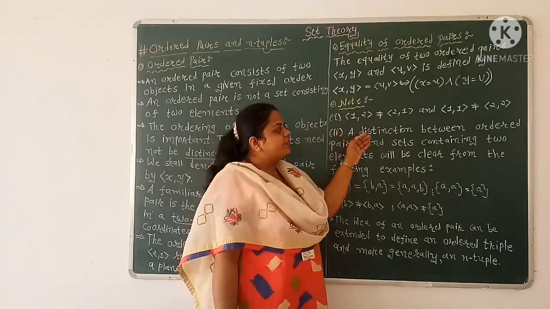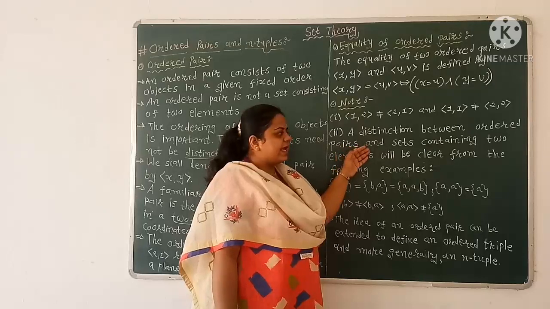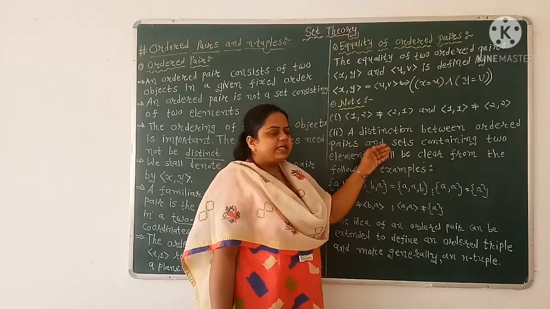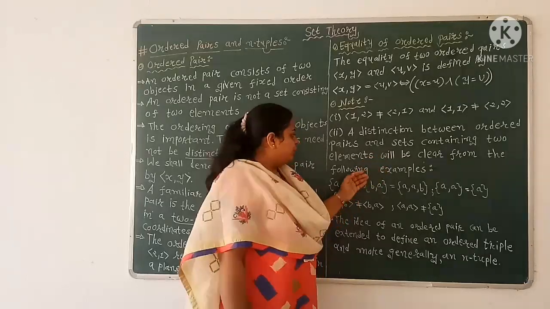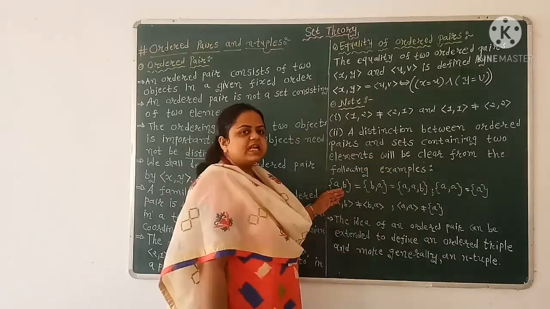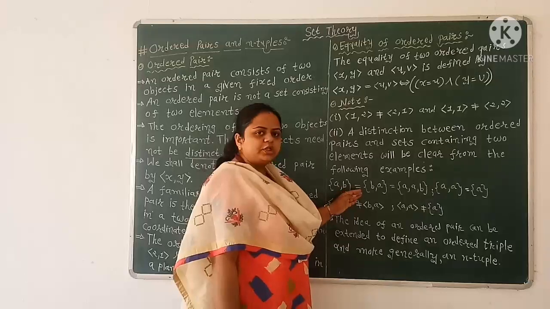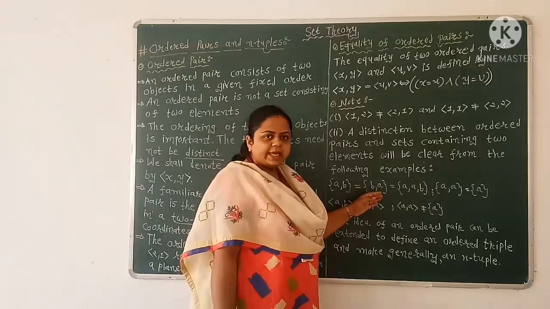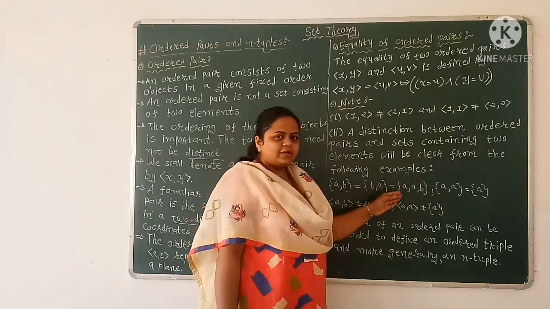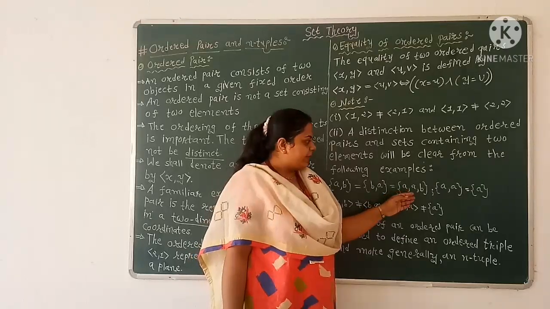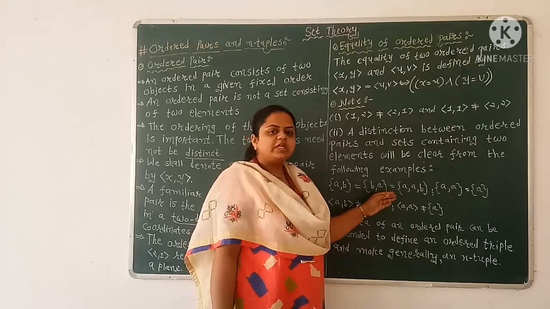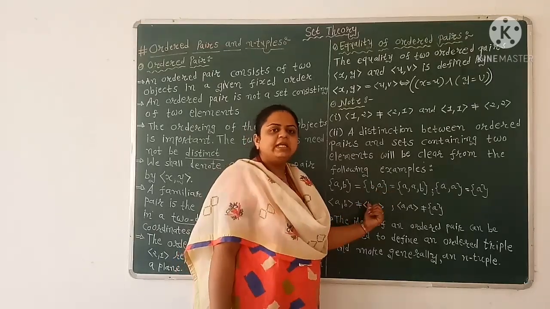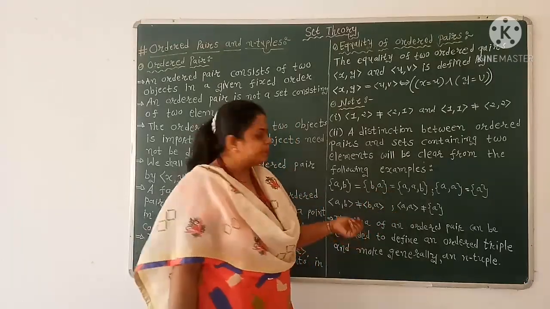A distinction between ordered pairs and sets containing two elements will be clear from the following examples. Set {a, b} is equal to set {b, a}, as we know in sets order is not important, but in ordered pairs order is important.